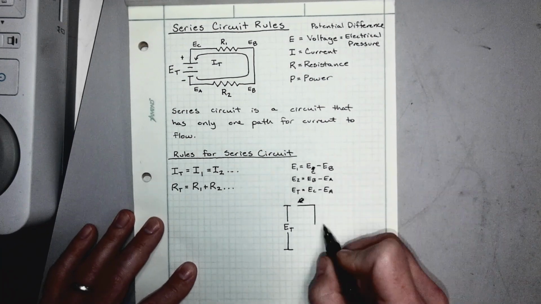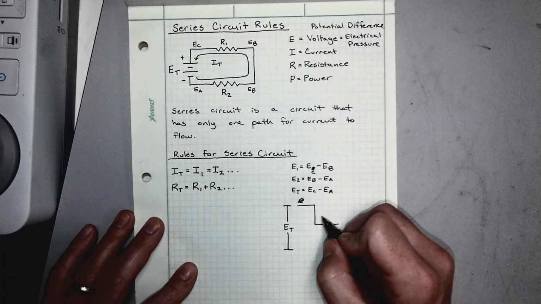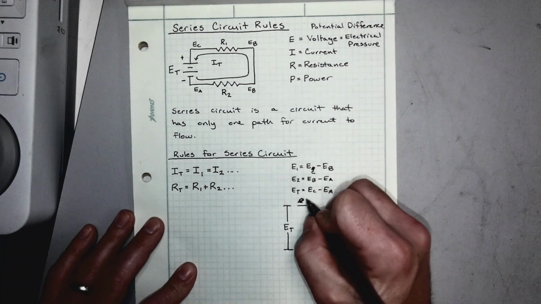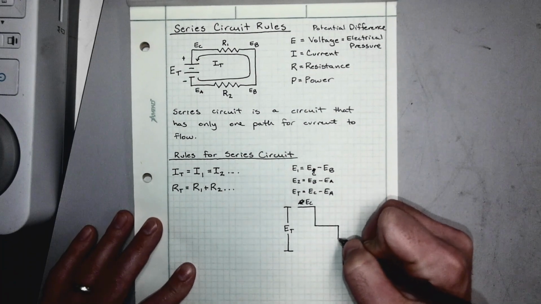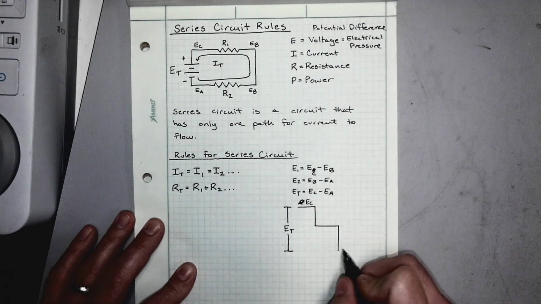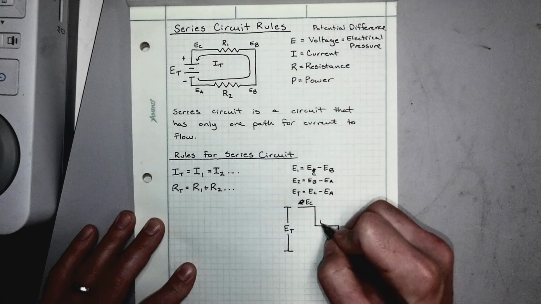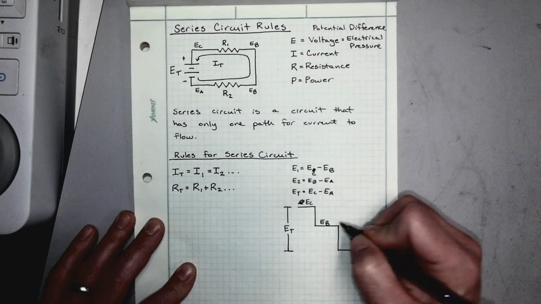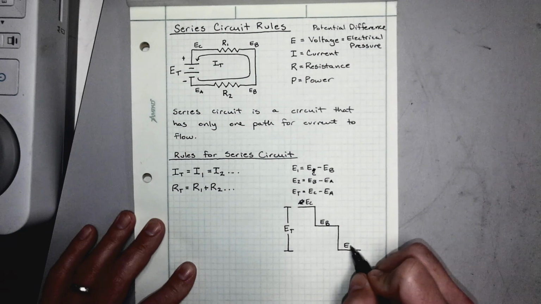And if we look at the next stair step down, this is EC. In between here, this is EB, the next point of potential, and then EA is going to be at the ground.